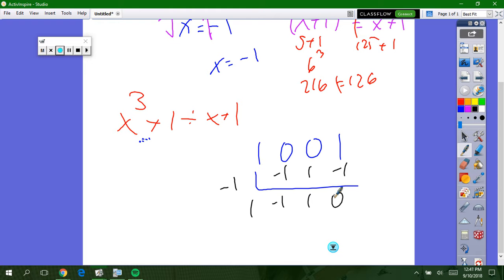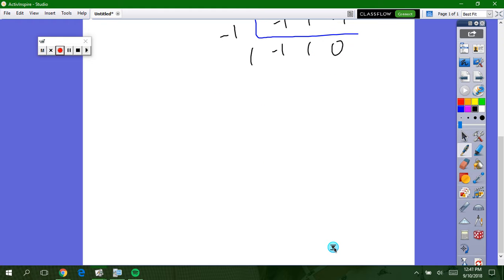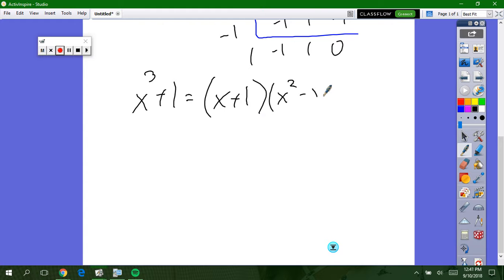And notice it should be a 0. How do we know it's a 0? Because it was a factor, meaning it went into it perfectly. It made this 0, right? Everybody understand that? So therefore, I know that x cubed plus 1 is equal to x plus 1 times x squared minus x plus 1. And once again, I got that from these coefficients, correct?